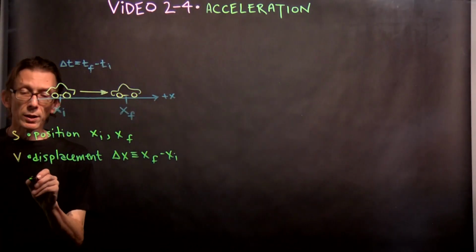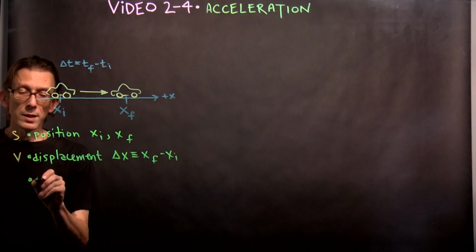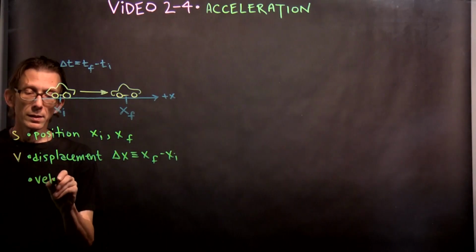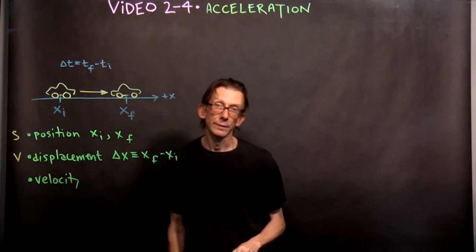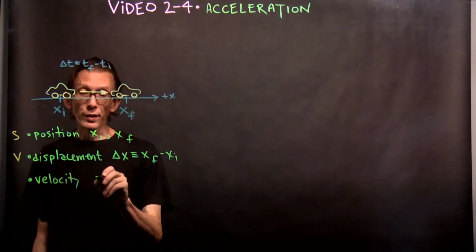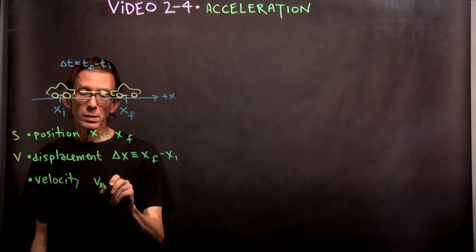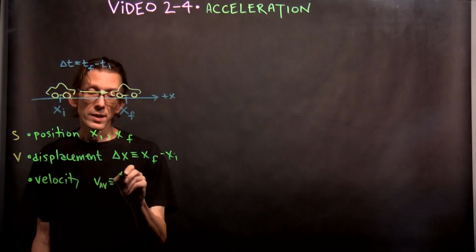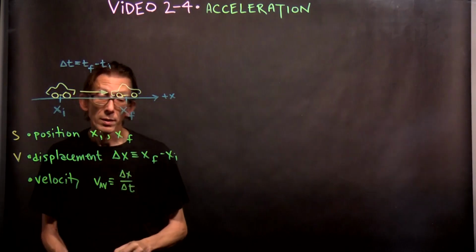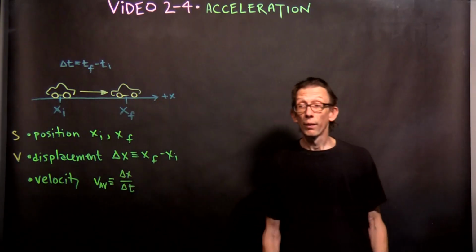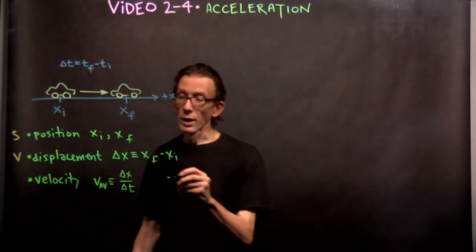Okay, the third big deal is the velocity. Okay, and the average velocity was defined as delta x over delta t, the displacement over the time. We could unpack this more.